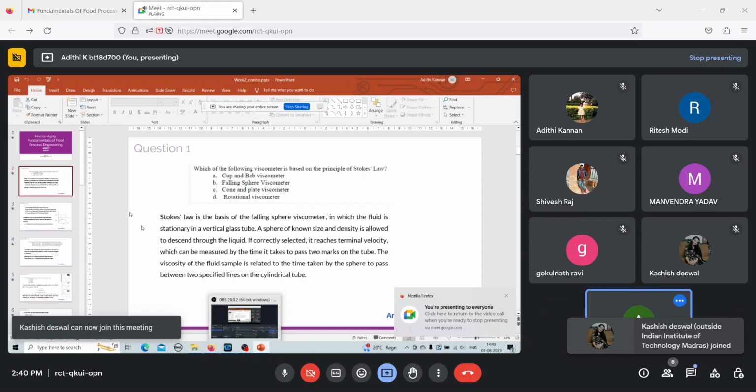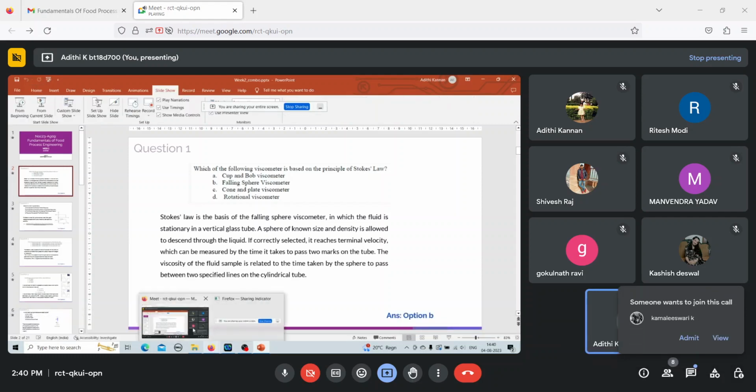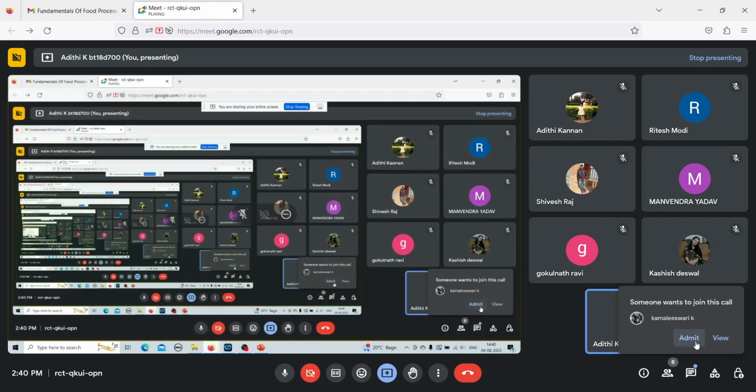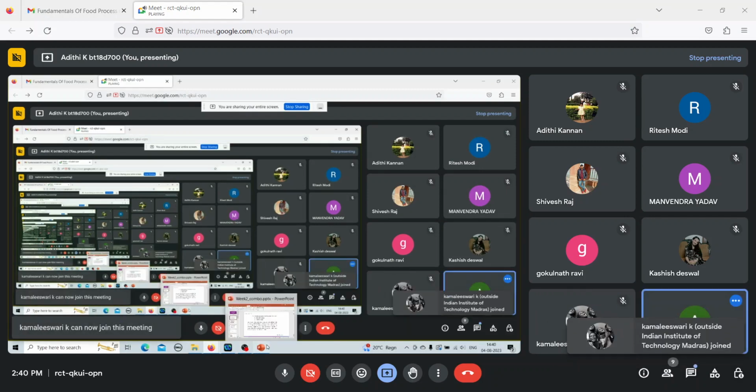Based on the liquid, if the viscosity of the liquid in the tube is high, the time taken for the ball to pass will also be higher. So if the viscosity in the cylinder is high, then the time taken for the ball to pass from A to B will also be high.